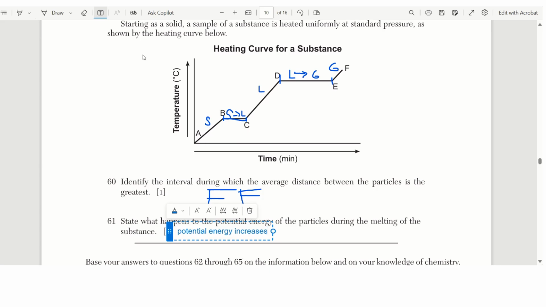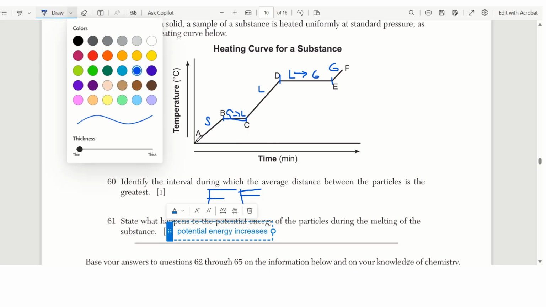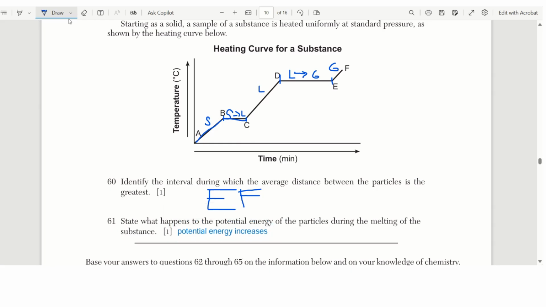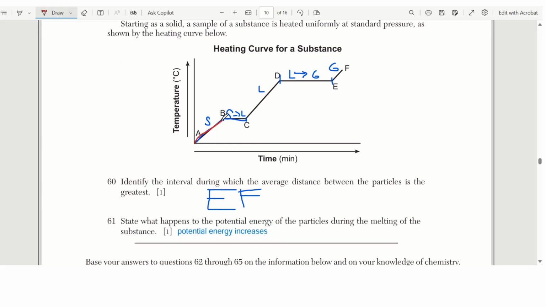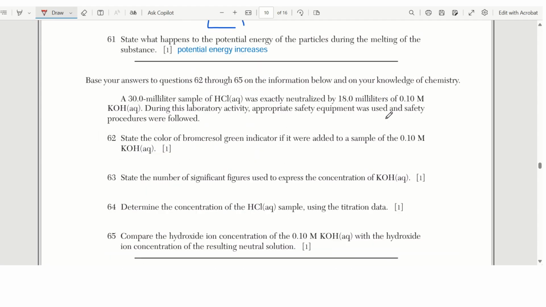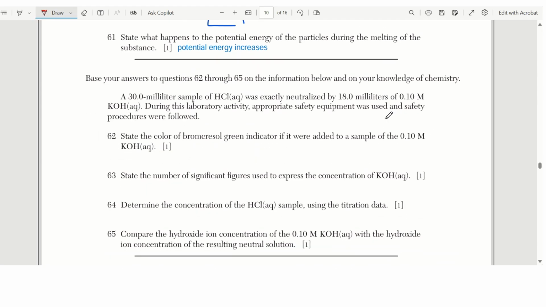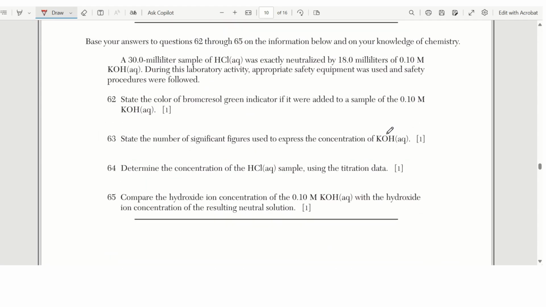So remember, this is just following this pattern. Let's just change the color here. Kinetic increases, potential increases. Kinetic increases, potential increases. Kinetic increases. All right. Now 62 through 65.